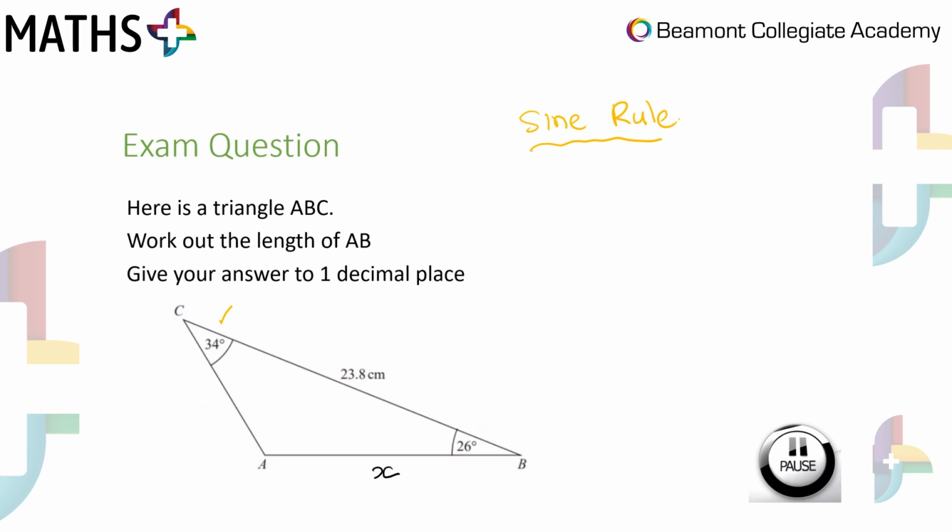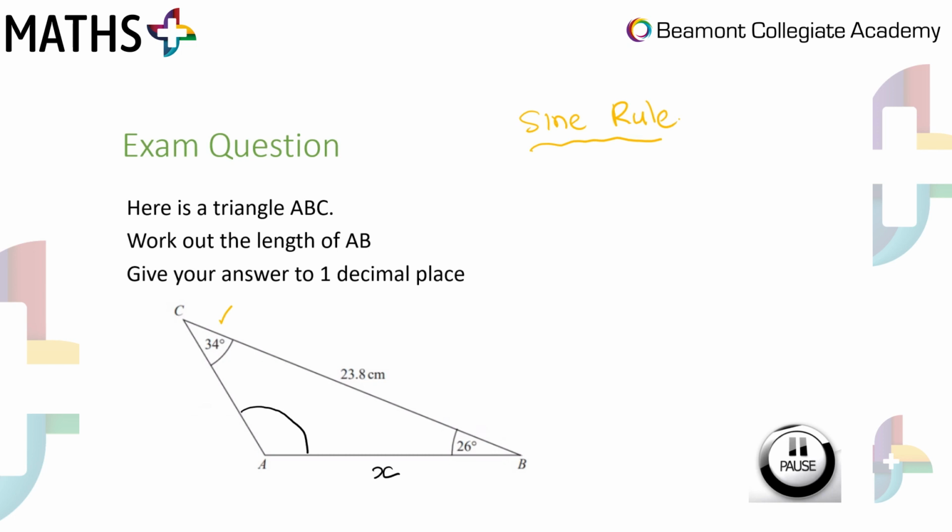Now notice I don't know the angle opposite the 23.8. I need to know that angle before I go any further, because remember the sine rule works off opposites. I can easily work out this third angle using angles in a triangle. So your first step is to work out that missing angle and then use that to find the sine rule.